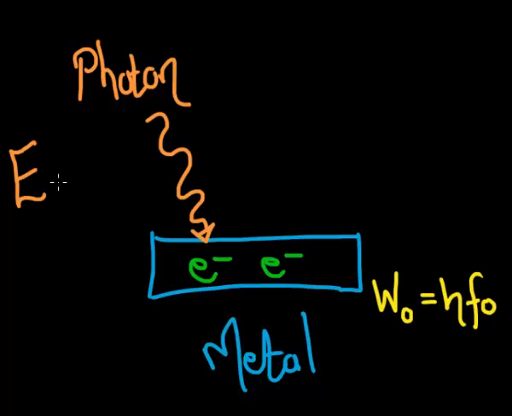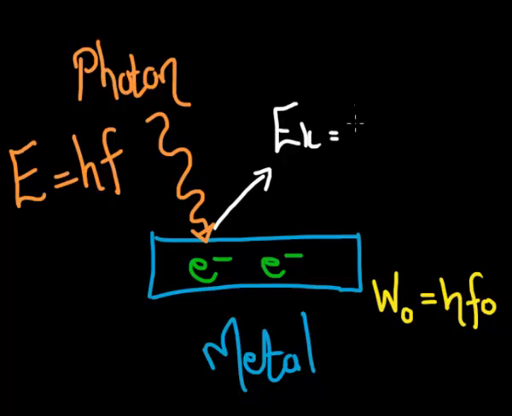The symbol for this energy, as we said, is capital letter E, but the formula for it will be Planck's constant times the frequency. We will speak about this a bit later on again. Let's just continue onwards. If this photon's energy is more than the work function, then our electron will be able to leave with a kinetic energy. And this kinetic energy, as you would know by now, is half mv squared.